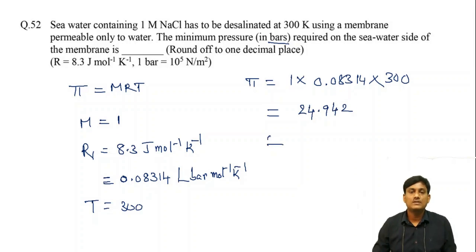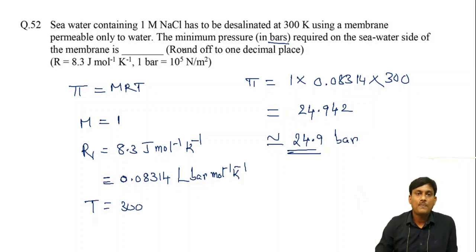So this one is equal to 24.9 bars. So what is the pressure? The minimum pressure required on the seawater side of the membrane is 24.9 bars.